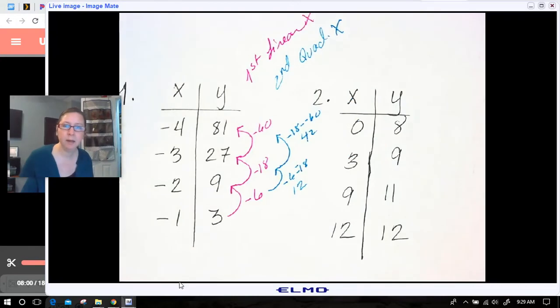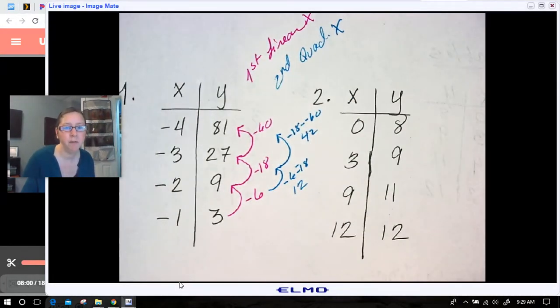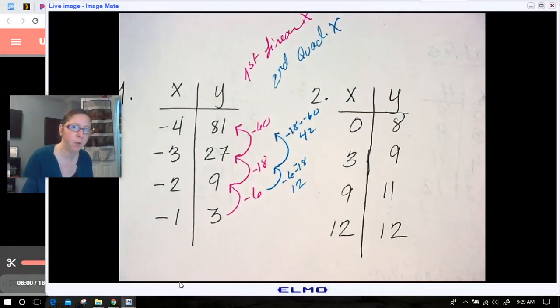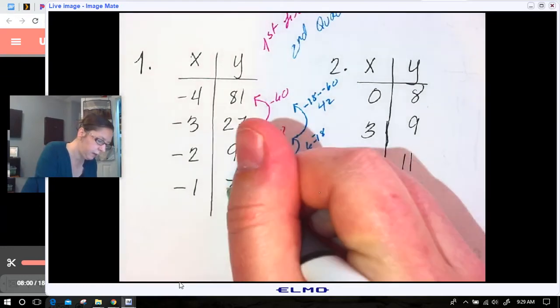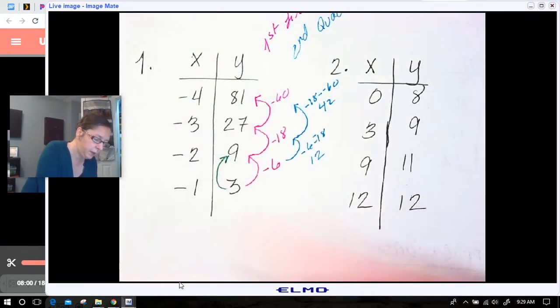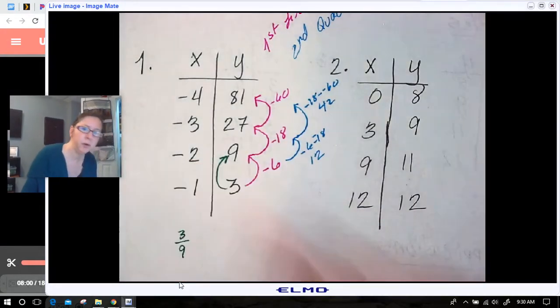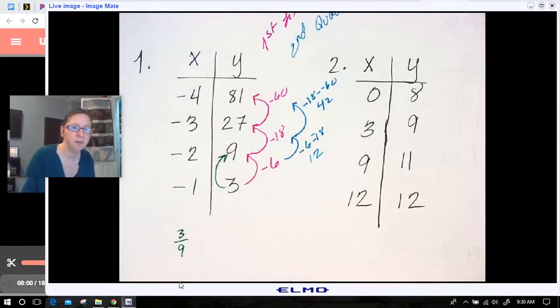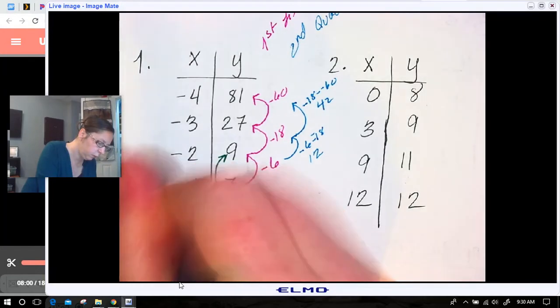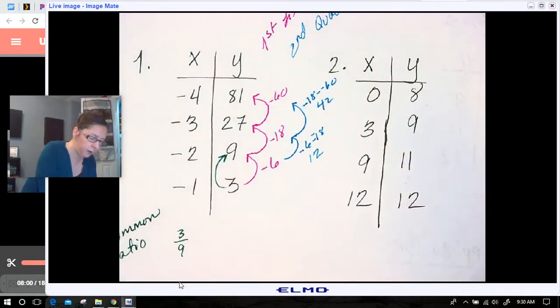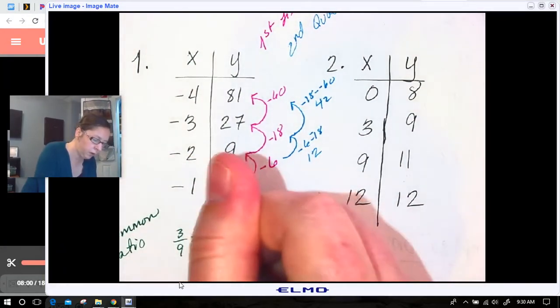At this point, I already know that it's exponential, but I want to remind you how to find the common ratio. We take 3 over 9 and simplify, and I get 1/3.